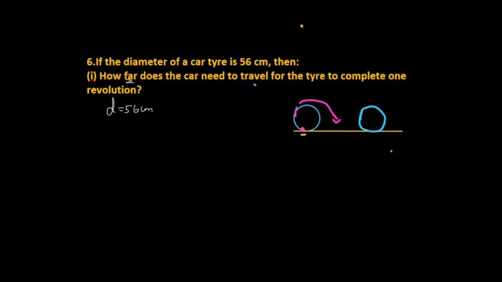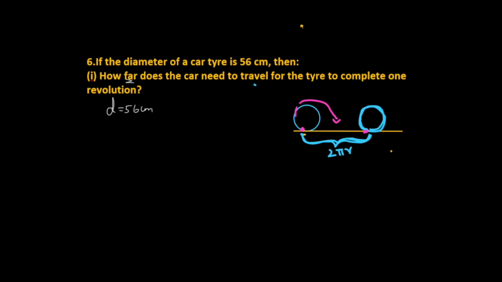With that pink dot here, which means the length it covers here is nothing but the circumference of this circle, 2 pi r. The length we can calculate from here to here. The length covered is the circumference of the given circle. One full rotation, it can cover the length of circumference.